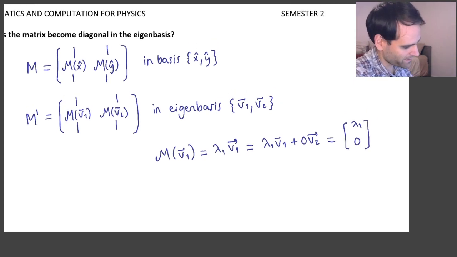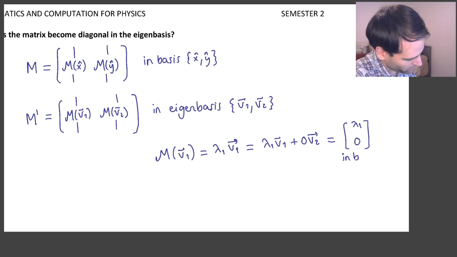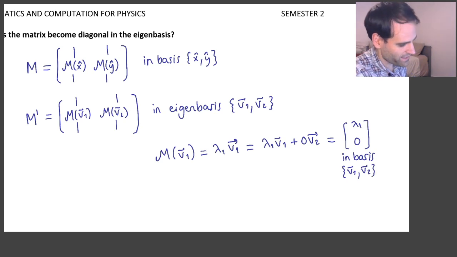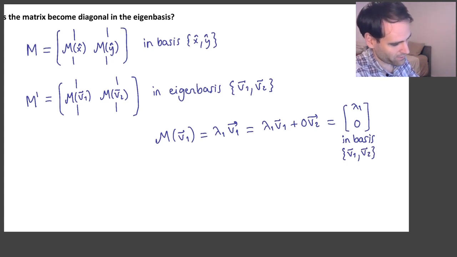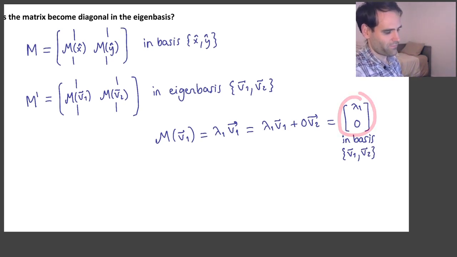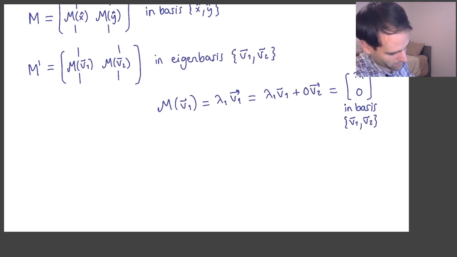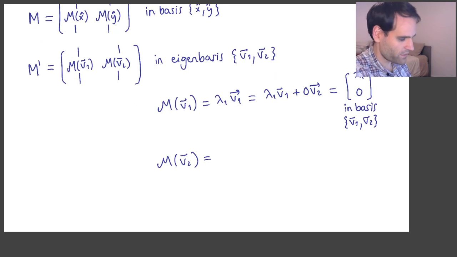Okay? In the basis v1 and v2, this vector is written like this. What about the transformation applied to v2? Well, obviously, v2 is an eigenvector, and the eigenvalue is lambda 2.